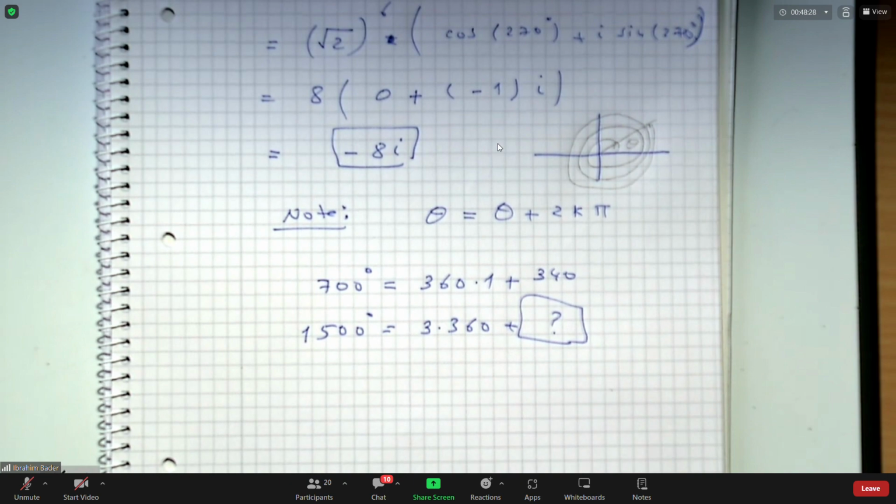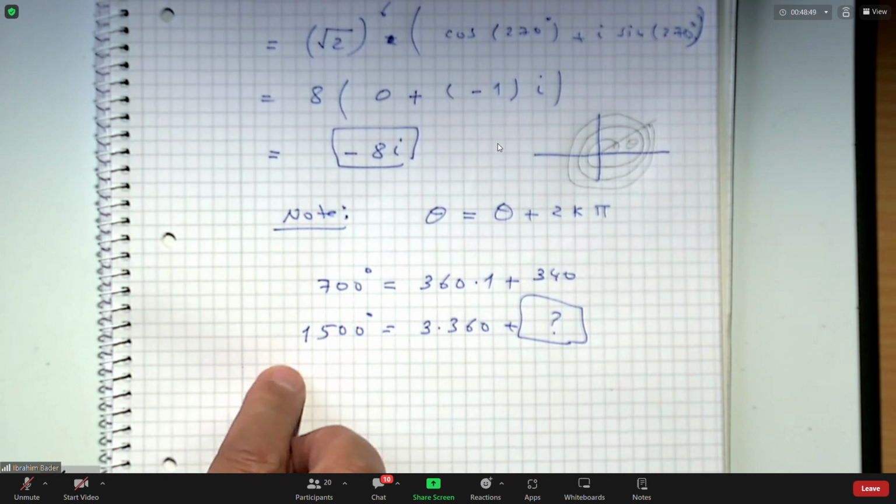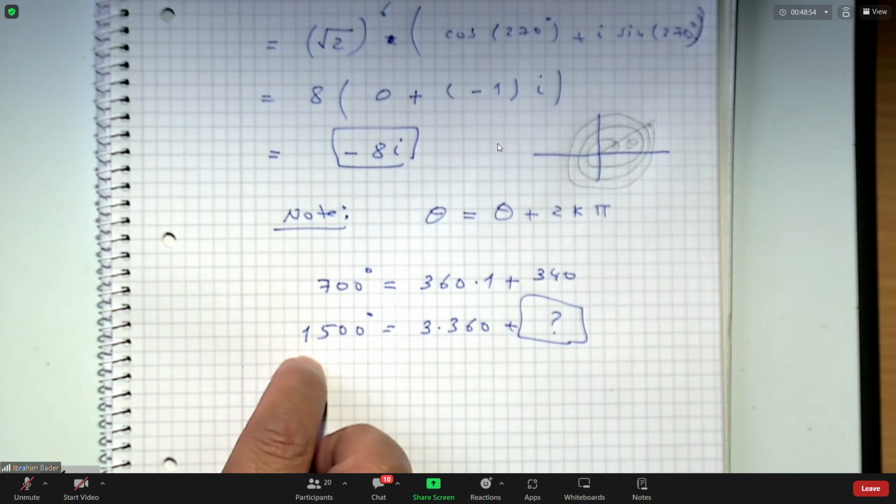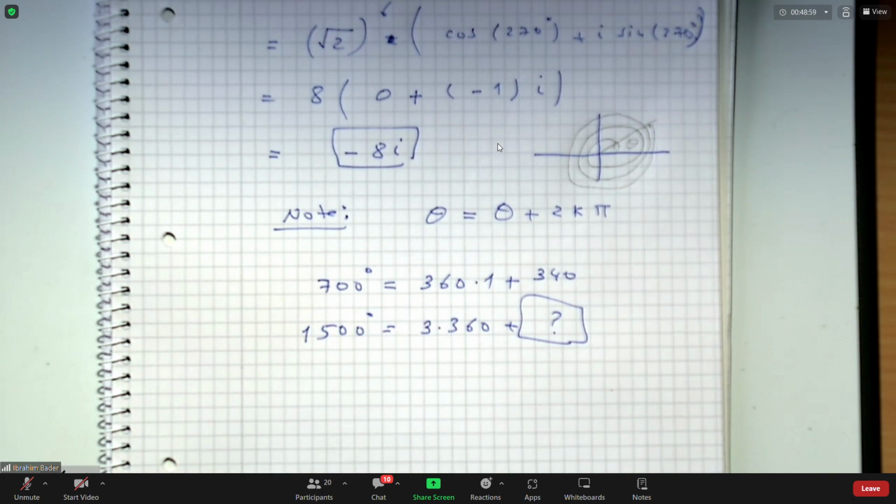This function in mathematics we call the modulo function, which gives me the rest of dividing a number by another. So this is a trick that enables you to easily evaluate. Of course, you can go to your calculator and plug in cosine and sine of 1500, but if you don't have a calculator, it's easier to evaluate it this way.